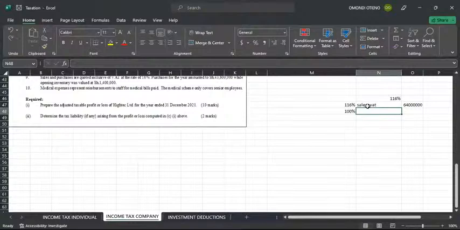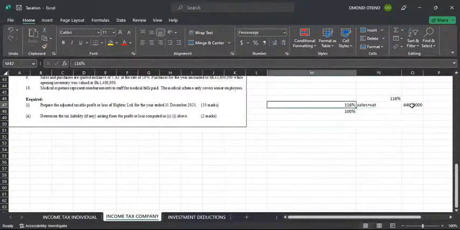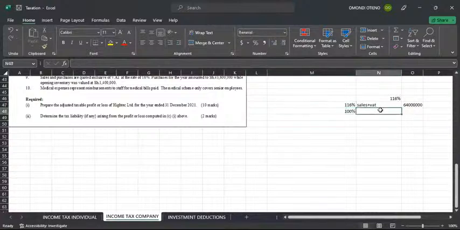The VAT which has been included there should not be recognized as revenue because you are just collecting it from these people and you are going to remit it to the revenue body. So let's get the real sales, that is 100%. The real sales, if 116% is 64 million, 100% will be what?